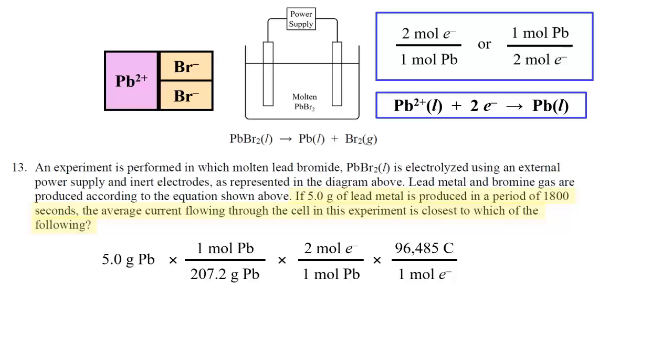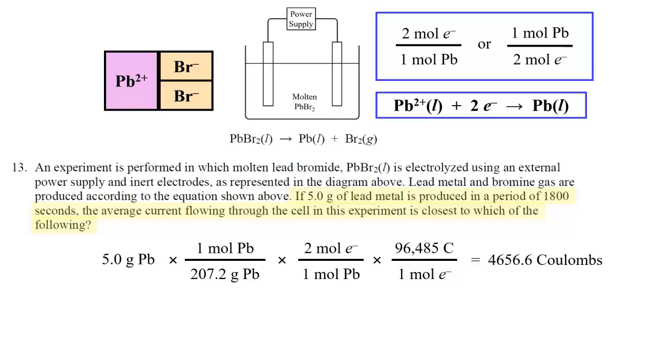So I'll pick up my calculator and I'll do 5.0 divided by 207.2 times 2, and then times 96,485. Now I'm not going to round off this number because I'm not done yet. So right now on my calculator I have 4,656.6, and that would be the number of coulombs associated with 5.0 grams of lead.